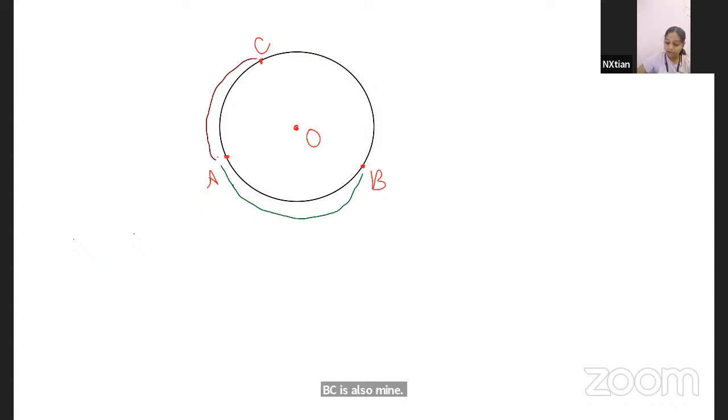This portion from C to B is also my arc. And this whole portion from B to C is also an arc. This portion is also my arc.